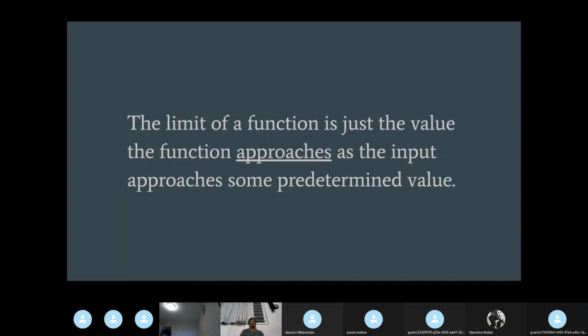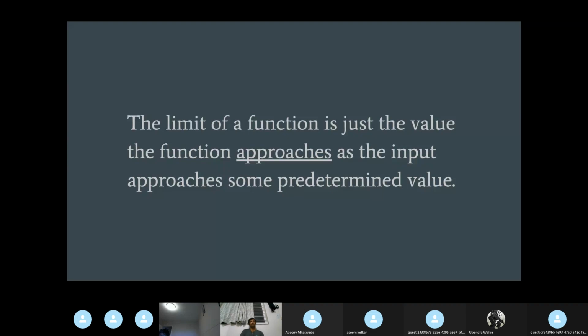Now, I'm going to introduce a new concept, which is the limit of a function. When we try to find the limit of a function, we're trying to find the value that the function approaches as the input of the function approaches a specific value. We can call this specific value C. What I'm trying to say here is that we don't really care about the function's value at C when we're taking the limit.